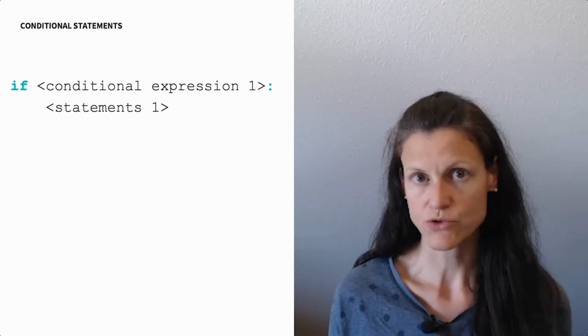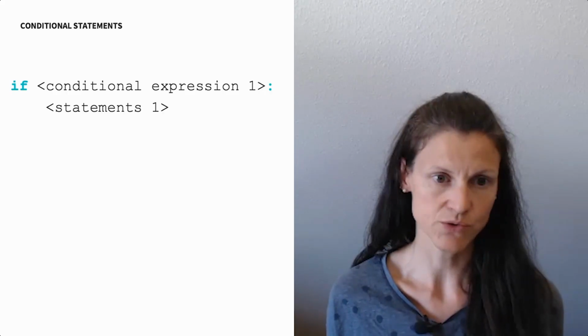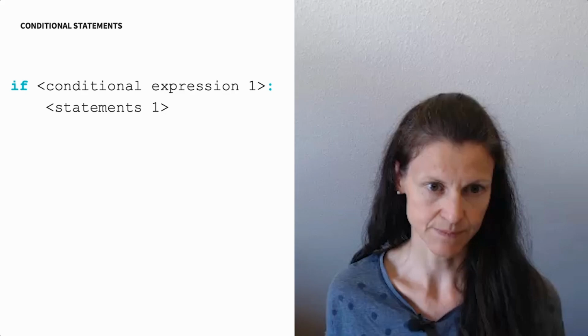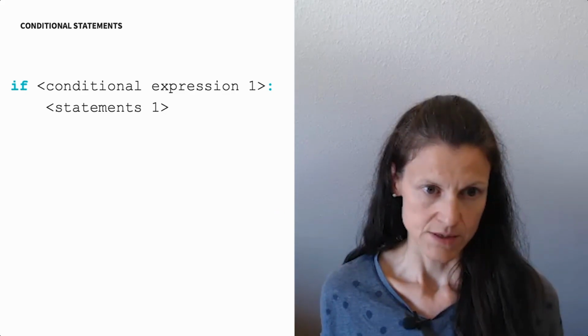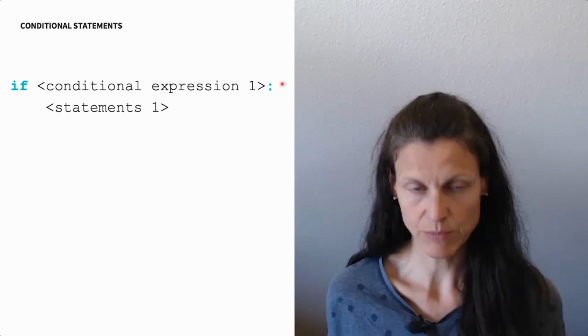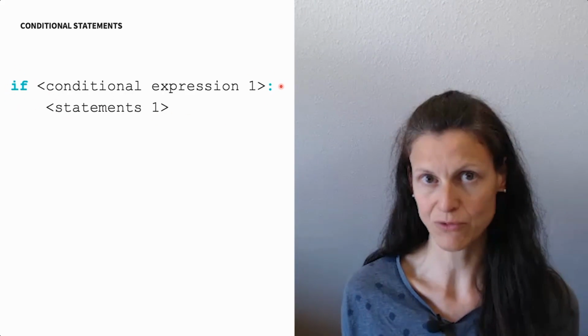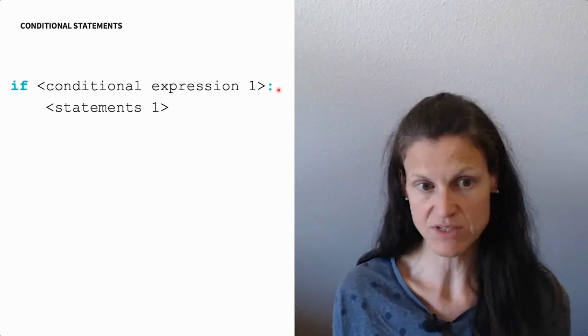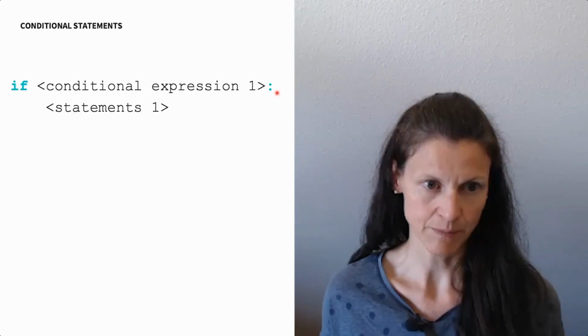So now that we know how to formulate conditions, we can go to conditional statements. First, let's look at the general syntax. What we see here in color and in bold, the if keyword and this colon symbol, is part of the syntax of an if clause. The if clause is one possible clause in a conditional statement, and we will see further clauses afterwards.